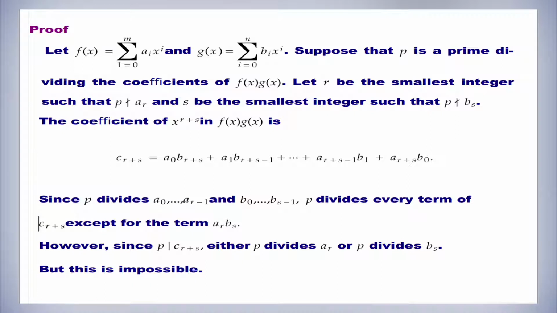Since p divides a_0, a_1, up to a_(r-1) and b_0, b_1, up to b_(s-1), p divides every term of c_(r+s) except for the term a_r b_s. However, since p divides c_(r+s), either p divides a_r or p divides b_s. But this is impossible. So, let us now see a lemma based on the content of the polynomial.